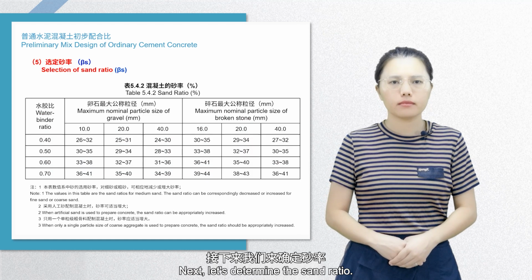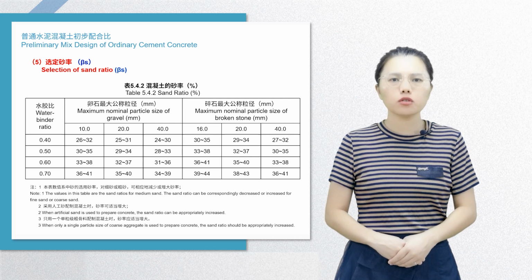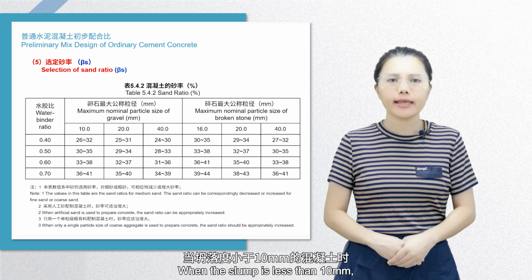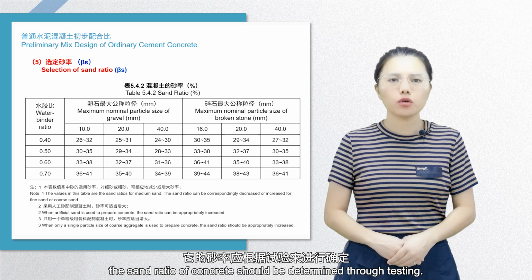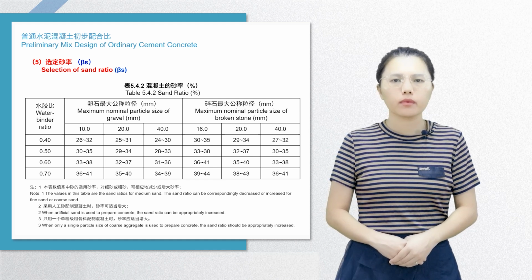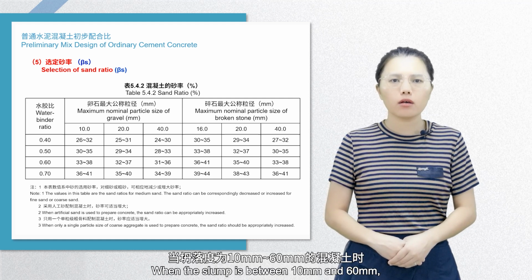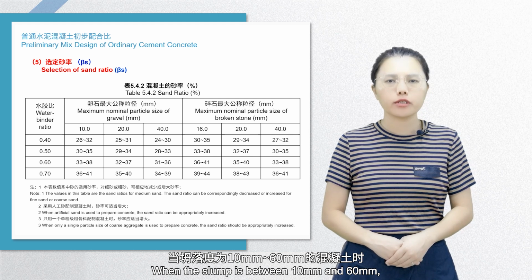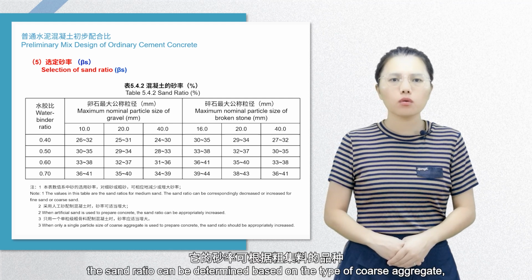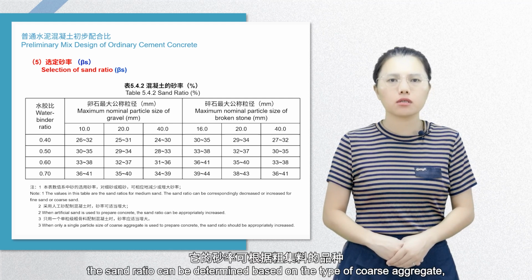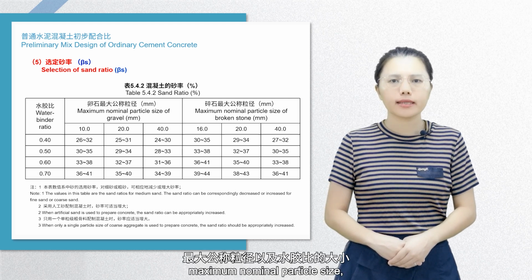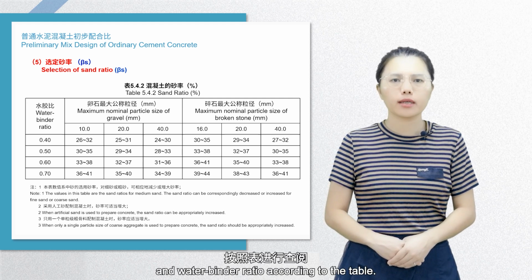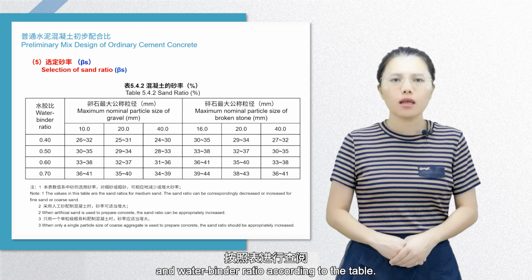Next, let's determine the sand ratio. When the slump is less than 10 millimeters, the sand ratio of concrete should be determined through testing. When the slump is between 10 millimeters and 60 millimeters, the sand ratio can be determined based on the type of coarse aggregate, maximum nominal particle size, and water binder ratio according to the table.